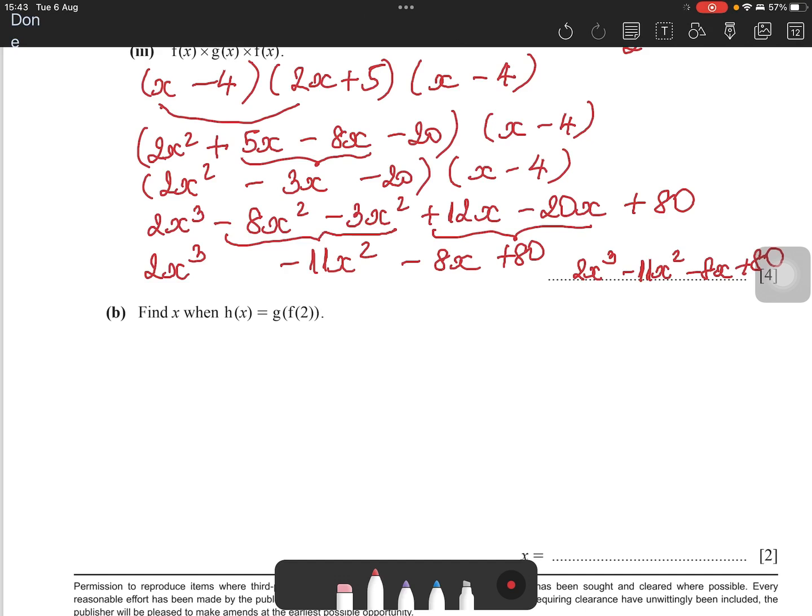So first we write down f of 2 and then we write down g of f of 2.